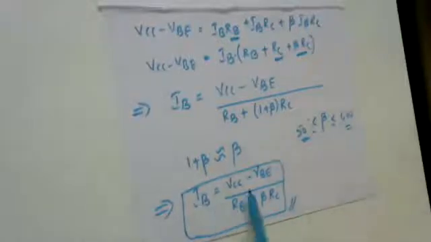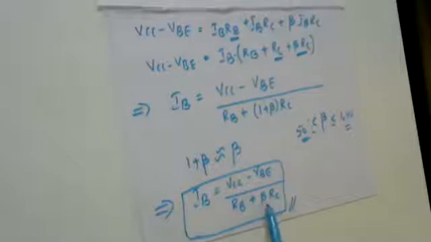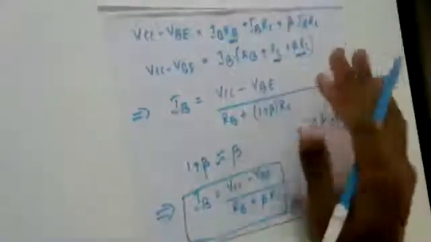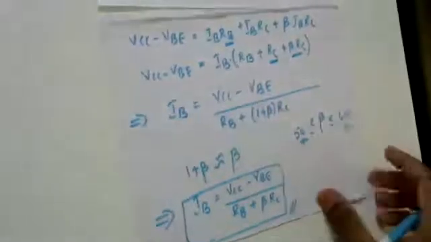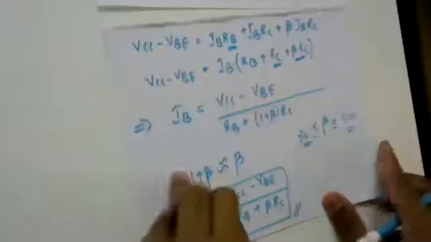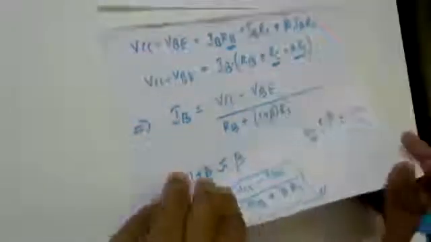So IB is equal to VCC minus VBE divided by RB plus beta times RC. This analysis we have done by applying the KVL at the input loop. Now we will apply the KVL on the output loop.